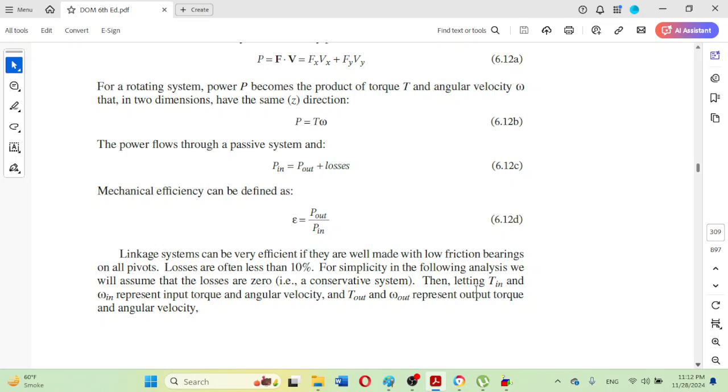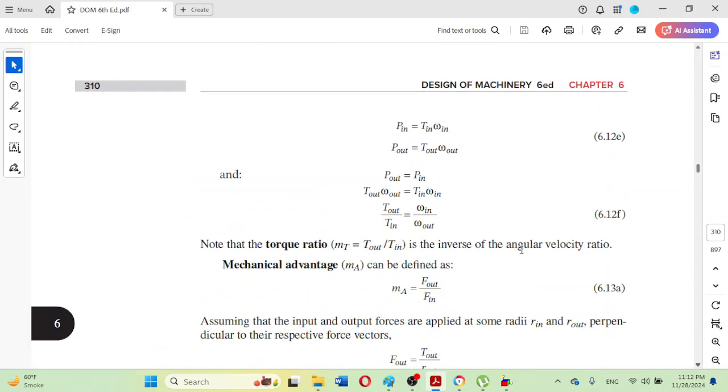So then letting T in and omega in represent the input torque and angular velocity, and T out and omega out represent the output torque and angular velocity. So we can write here that P in is equal to T in omega in, and P out is equal to T out omega out.